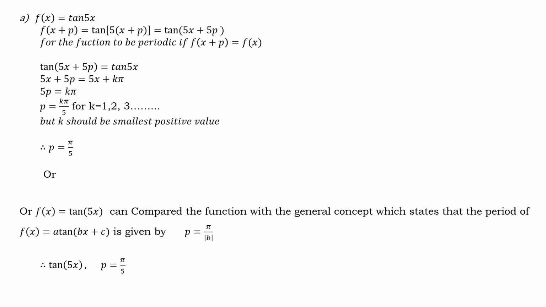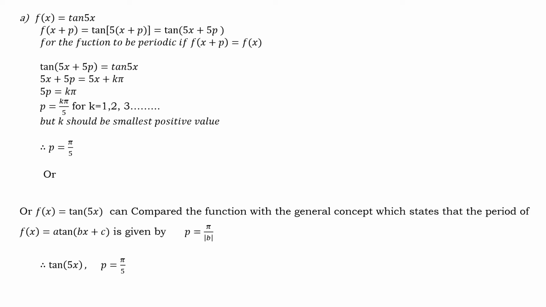So when you make p the subject of the formula, we get this statement here. But k is any positive value, 1, 2, 3, because we can have different periods. So we are going to take the smallest positive value, which is 1, and it gives this one as the period of our tan 5x.